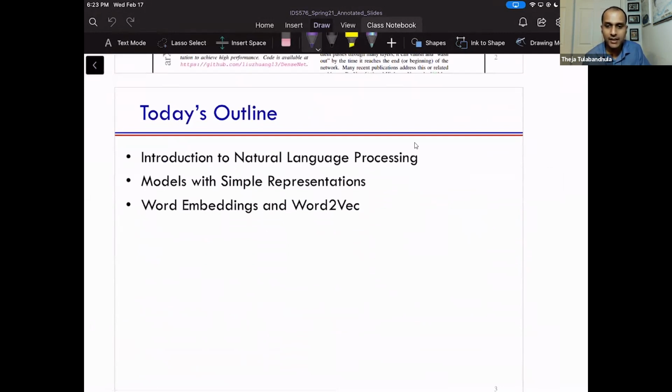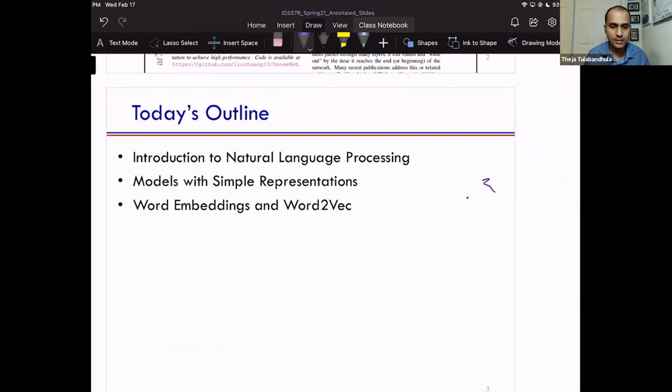Everybody can see my slide deck, right, where I can annotate? Okay, let me open the chat window so that I can see if there are questions. Okay, good.